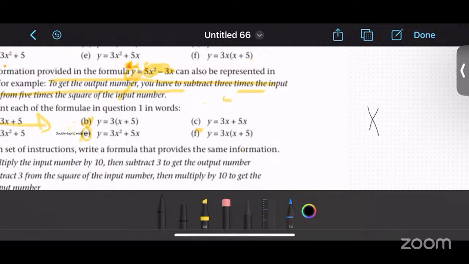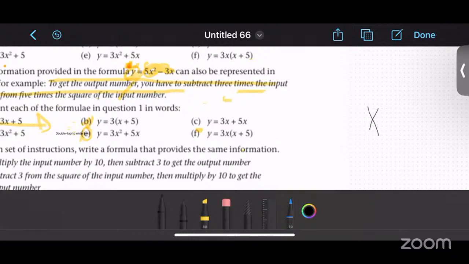Speak slower so I can write what you're saying. You say we have to multiply the bracket input plus 5 by 3 times input. We have to multiply what?